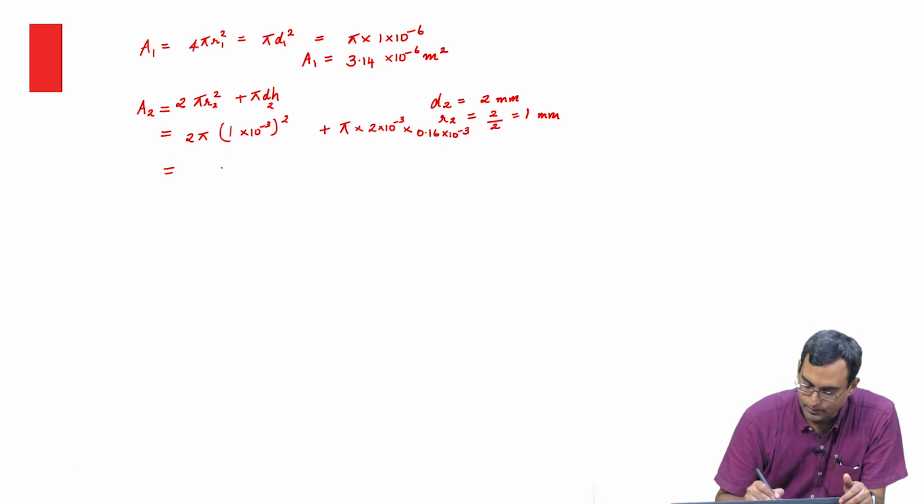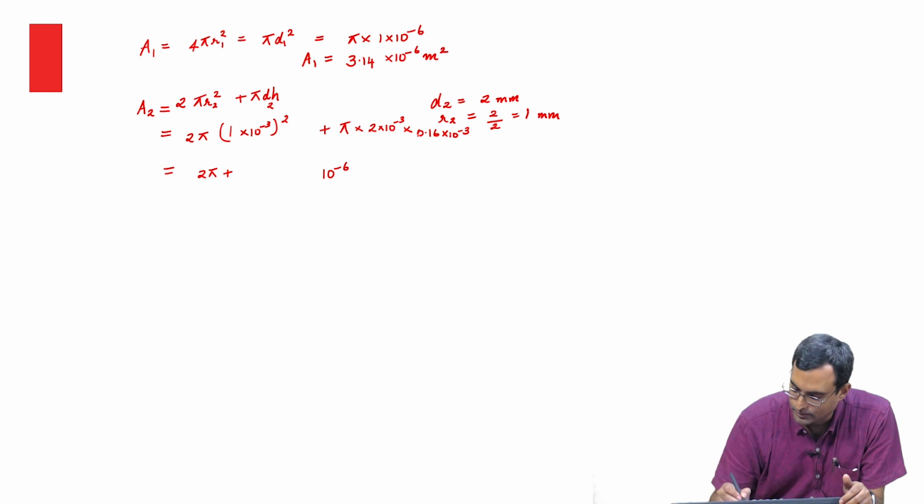So, this is 2 pi in 10 power minus 6. I am going to take 10 power minus 6 out. So, this is 2 pi plus 2 into 0.16 pi.